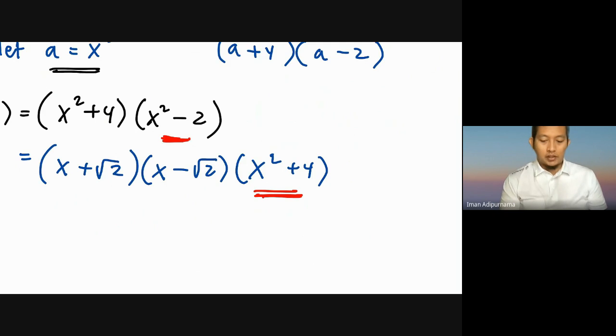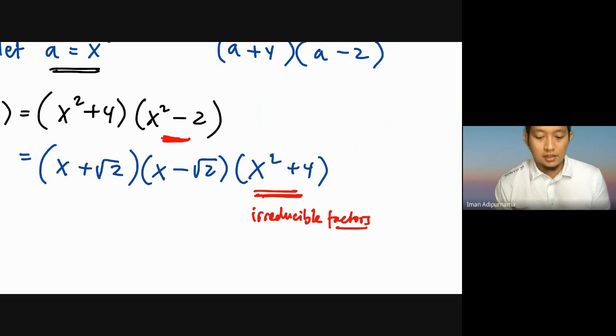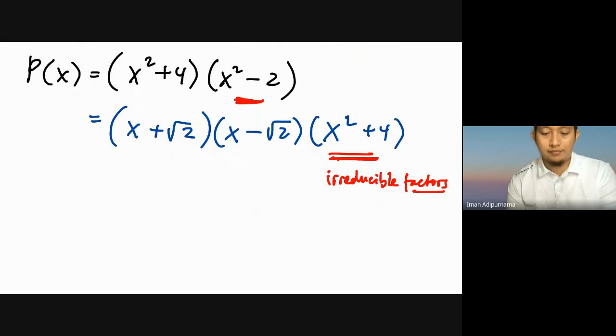So in terms of real, we call this irreducible factors. It will stay as it is. It has complex zeros, but in terms of real numbers, we cannot do anything for these factors. That's why it's called irreducible factors. We cannot reduce it in any way, right?